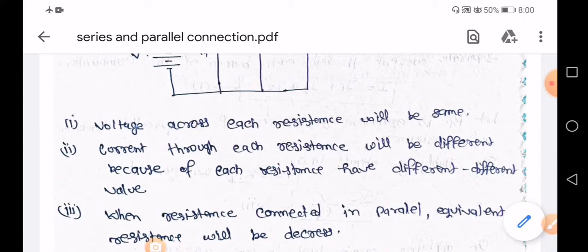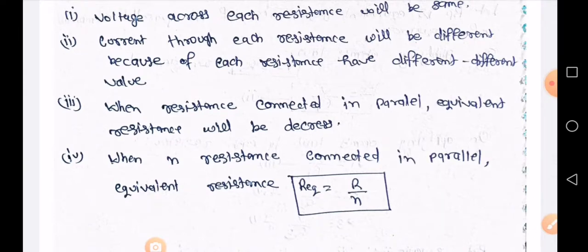This question is asked many times, so remember it. Suppose we have multiple resistances, and the total number is n. If all are connected in parallel, then the equivalent resistance is equal to R by N, where N is the total number of resistances connected in parallel. These are all the properties of a parallel connection.